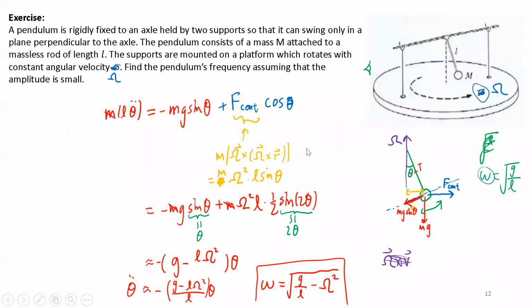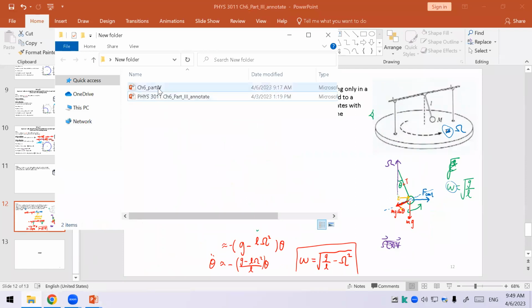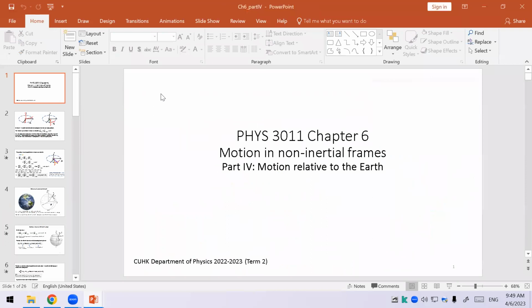Okay, so now let me go to part 4 of the chapter, and this is also the last part that would be covered in the final exam. After I finish this, I'll talk about something else, but those things won't be in the final exam.